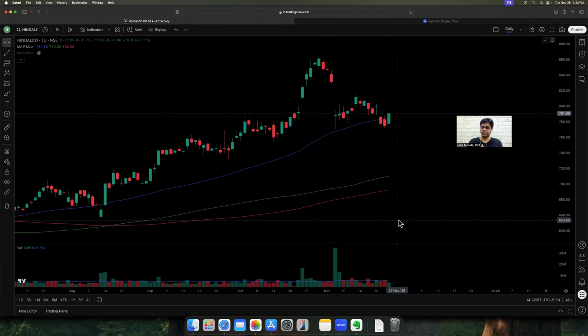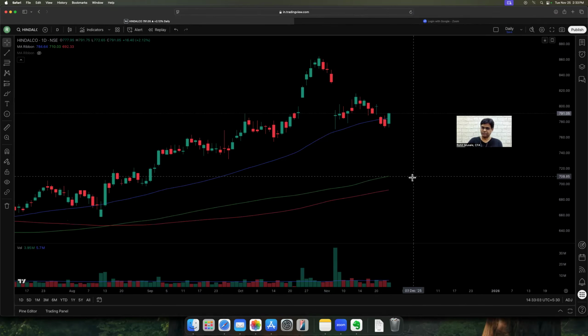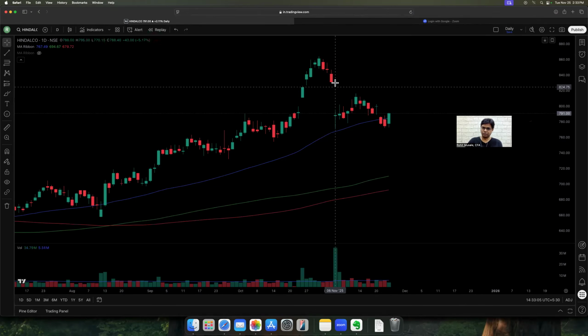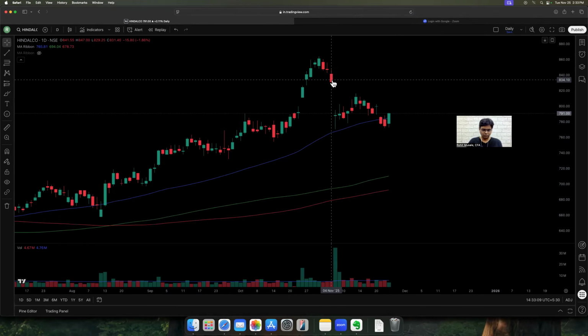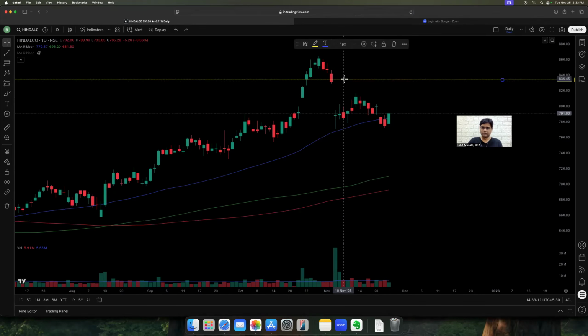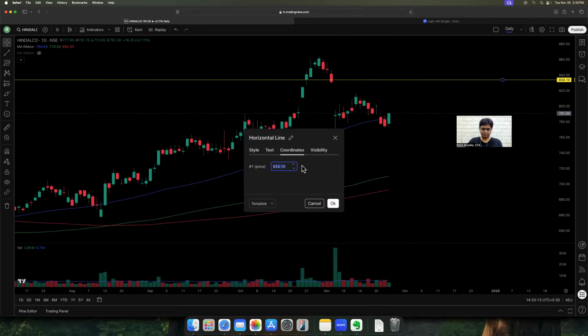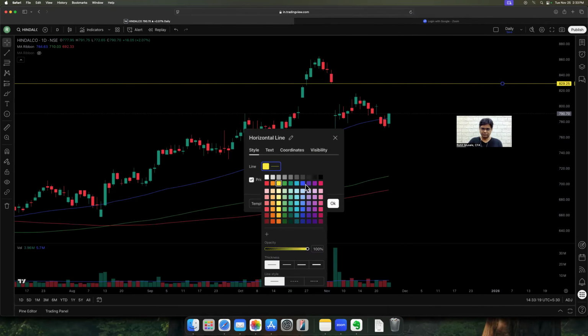In Western technical analysis, they call it a falling gap. In Japanese candlestick terminology, this is called a falling window. So the low of this candle is 829.25. Let me draw that. This is 829.25. Let's give it blue color.